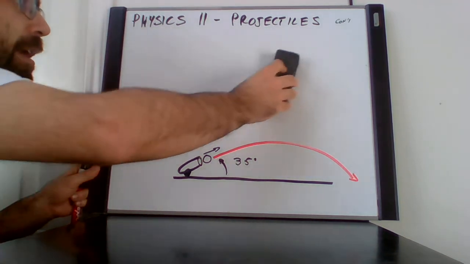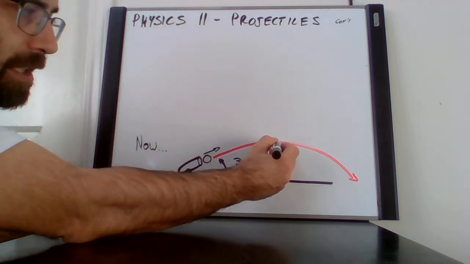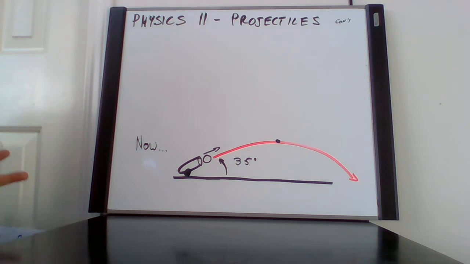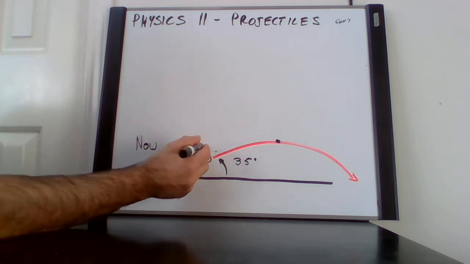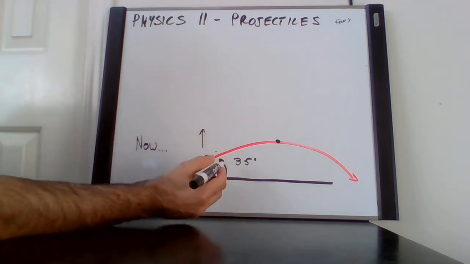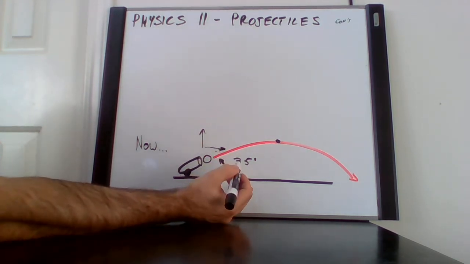I just want to remind us of a few key characteristics of our projectile motion. If we get here, let's call this the peak of our projectile. We start off down here. We have an upwards velocity and a horizontal velocity, and that's at our initial position.